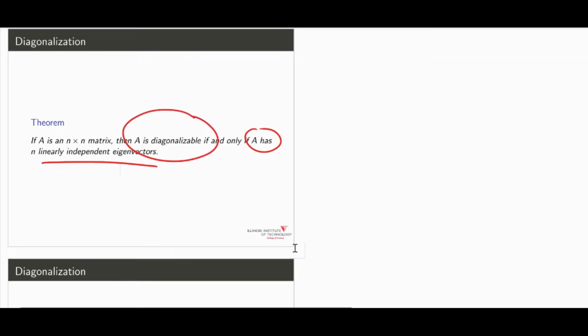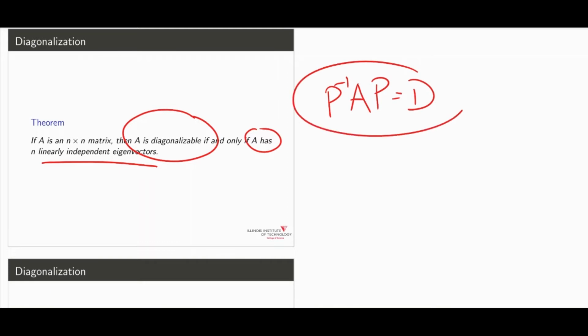And the proof is also very nice. It is what we call a constructive proof, because while looking at the proof, you know exactly how to construct the matrix P such that P inverse AP equals D. Sometimes you have a theorem where the proof is not constructive, for example the existence of a solution of a differential equation.